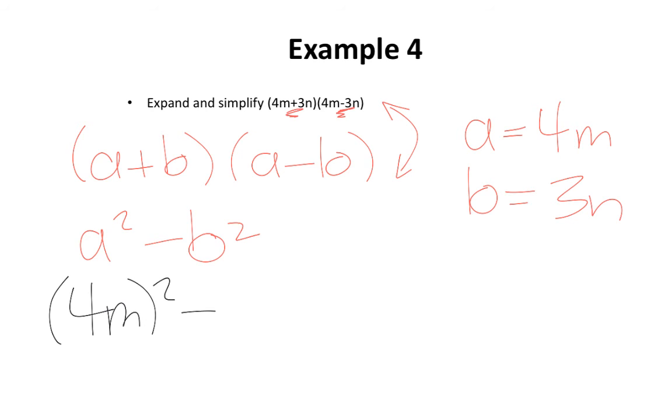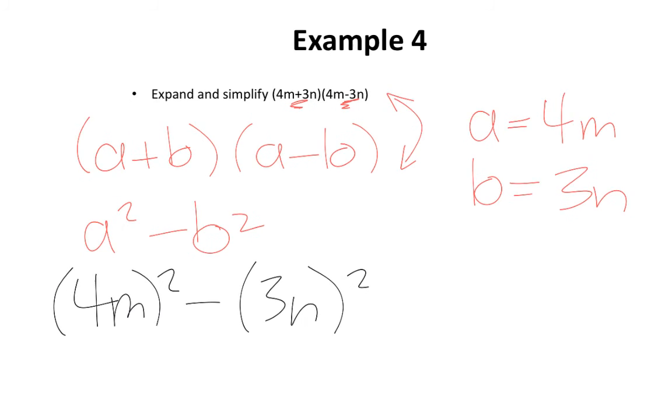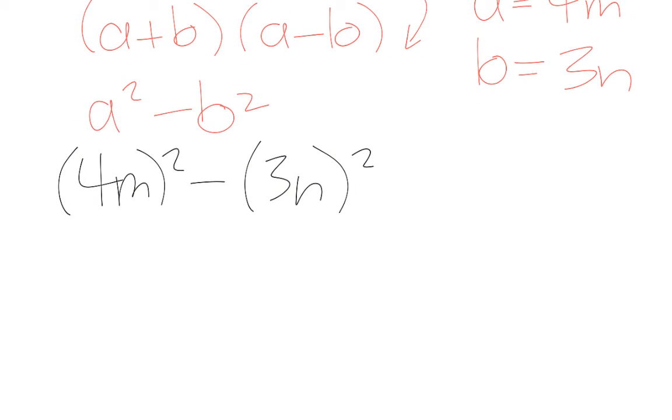And instead of writing b, I can write 3n to the power of 2. Let's go ahead and simplify that. Remember, everything in the brackets gets raised to the exponent of 2. 4 to the power of 2 is 16. M to the power of 2 is m squared.